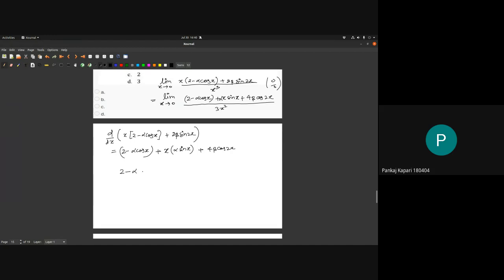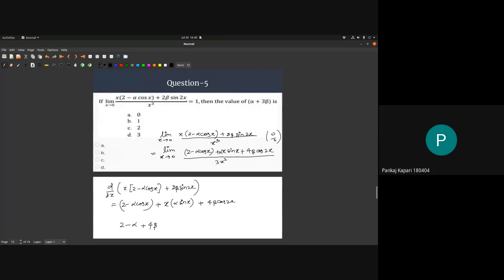You put 0 in the alpha x sin x term, you will get 0 because it's multiplication by 0. And here you will get 4 beta, because cos of 0 is 1. So in the numerator, you are getting 2 minus alpha plus 4 beta, and in the denominator you are getting 0, because it's 3x square. But this has to be a 0 by 0 form, because we know this limit is equal to 1, right?